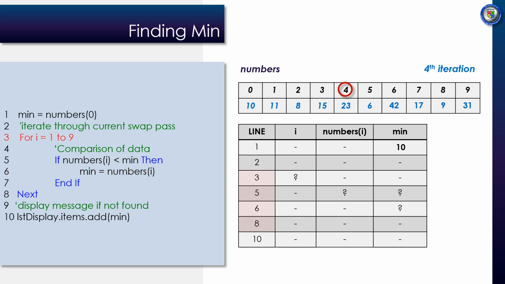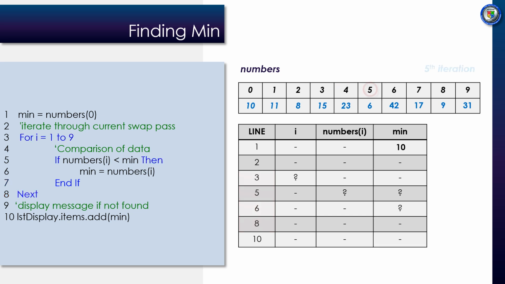We're again traversing around the array and iterating round a loop, I now becomes 4, and the value in numbers I, or numbers 4, is the value 23. If it is less than min, which is 8, which it is not, that condition is not met, therefore our variable min remains with the value 8.